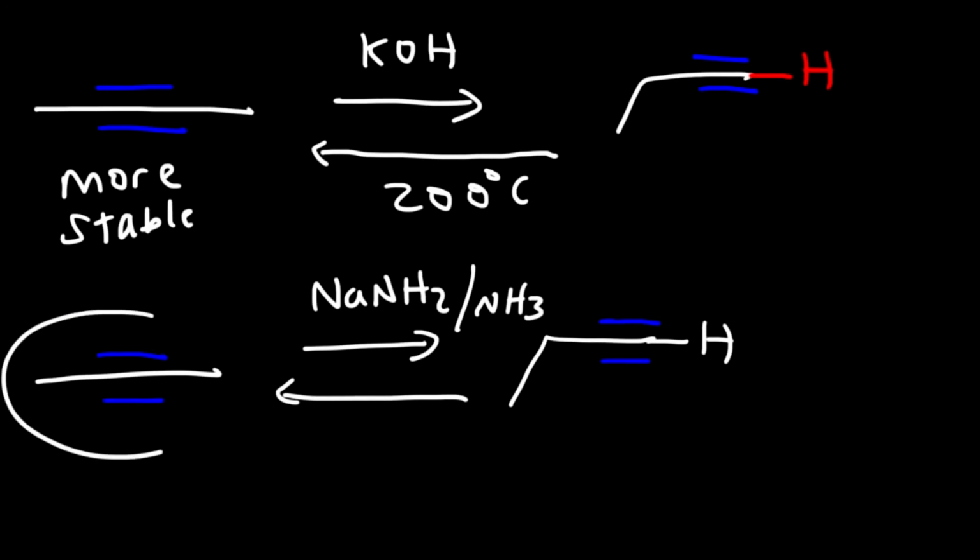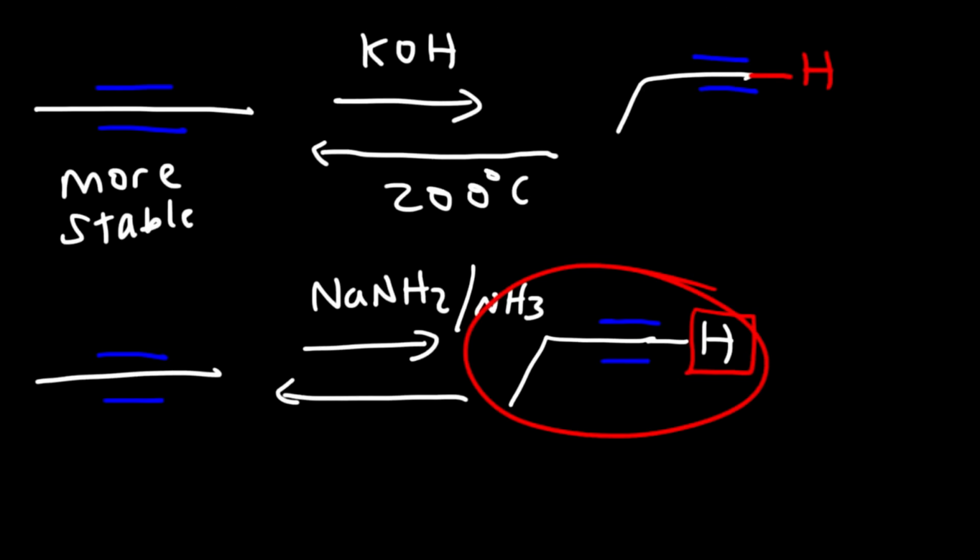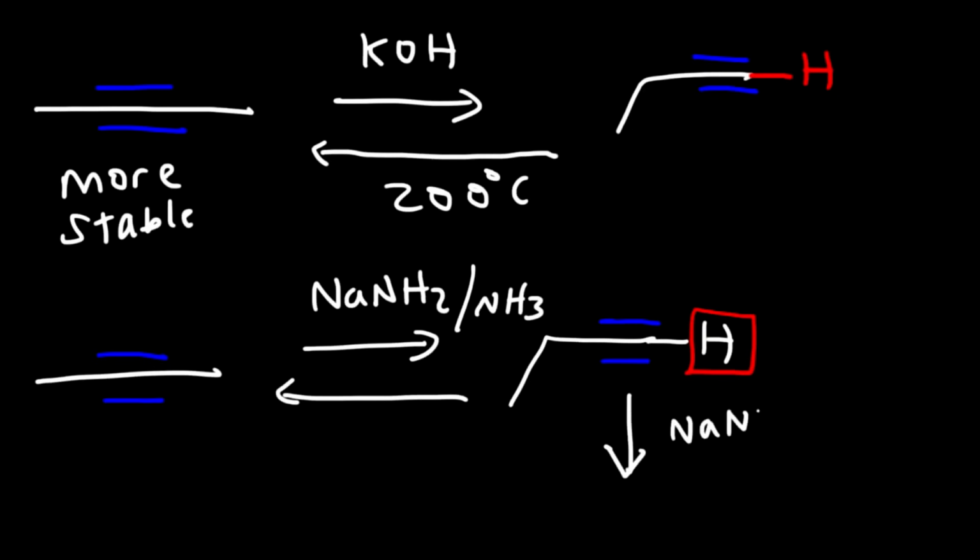So this is still more stable. However, NaNH2 can take off this hydrogen. So as soon as this terminal alkyne is generated, NaNH2 will take it a step further to deprotonate that alkyne.